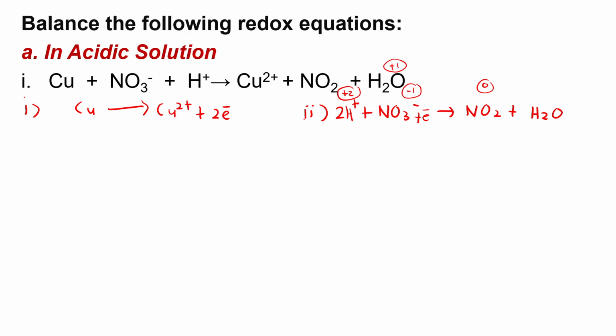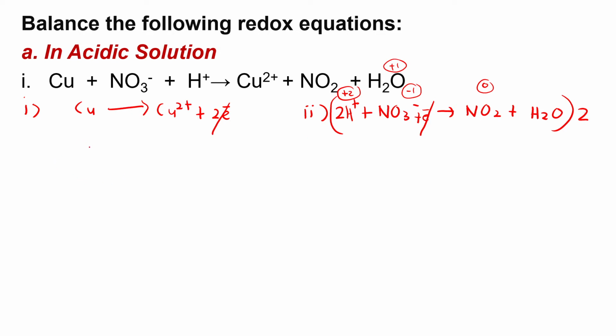Okay, now to total up these two half equations, we times the second half equation by 2, then we can cancel out the electrons left and right, 2 electrons.